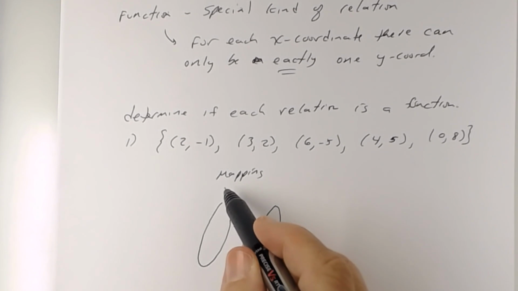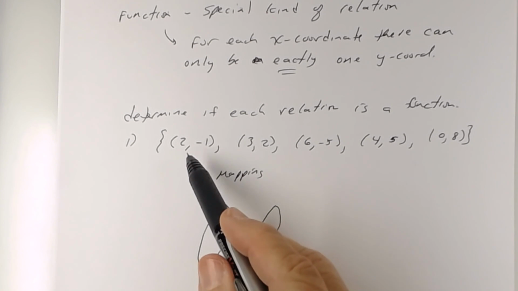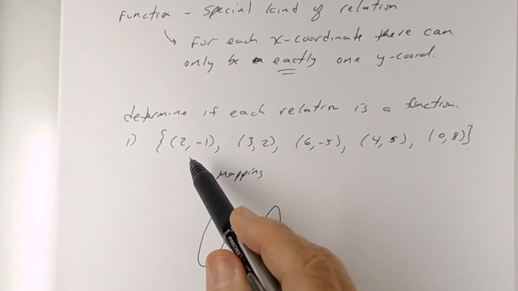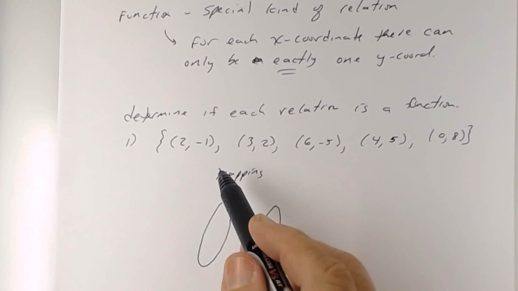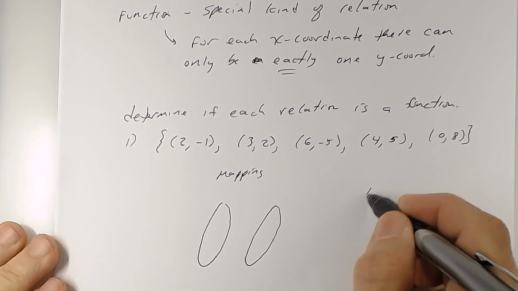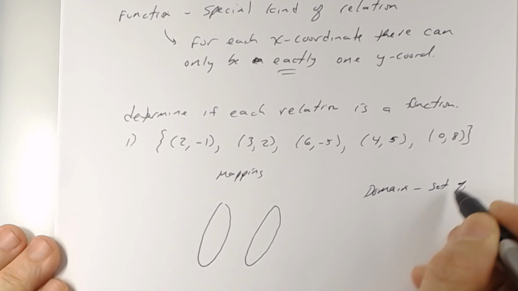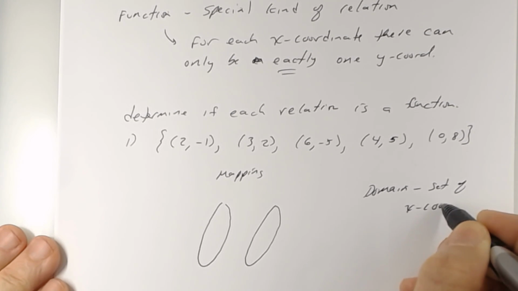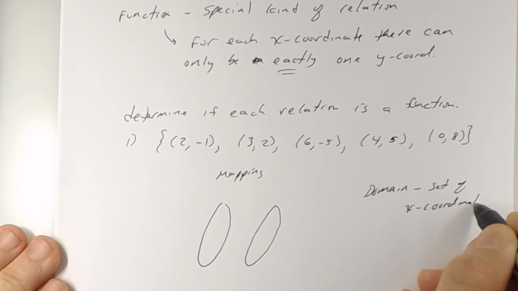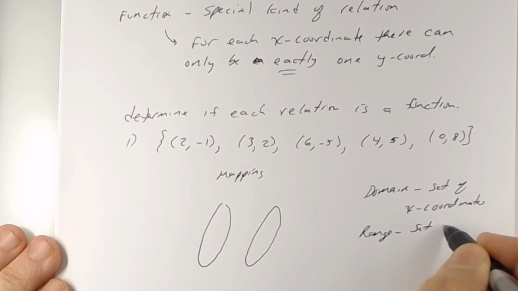By the way, let's talk about this now, as we did before. Your domain is a set of which coordinates? X's, and your range is a set of which coordinates? Y's. So remember, your domain is a set of x coordinates and your range is a set of y coordinates.